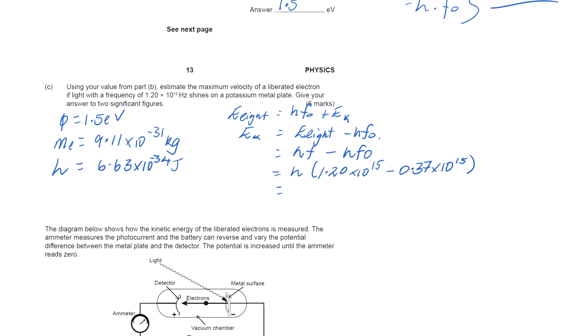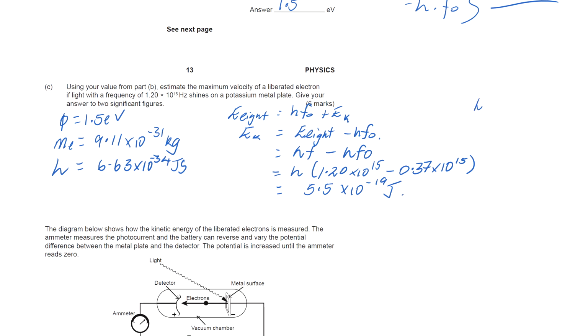Can't remember what the units are for that, not that it matters too much, but let me have a look up what that is. So joule seconds, that's right, I just thought I'd check. So if we pop that through our calculator, we end up with 5.5 by 10 to the -19 joules.